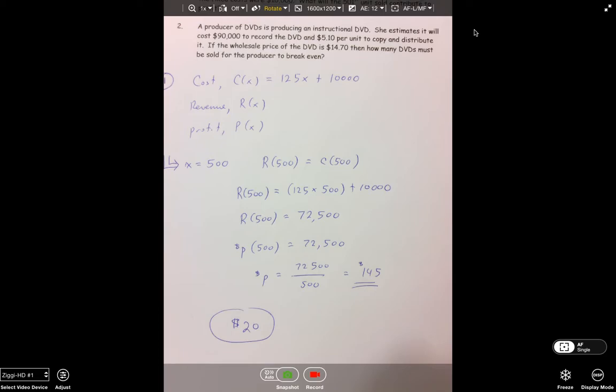Let me get that down there where you can see it. So you really don't have to do much else for 501. I'm sorry, from 500 to 501, or 199 to 200, or 350 to 351st. Whenever you increase by 1 unit, the profit will be the difference between the revenue per unit and the cost per unit. So that turns out to be pretty easy.